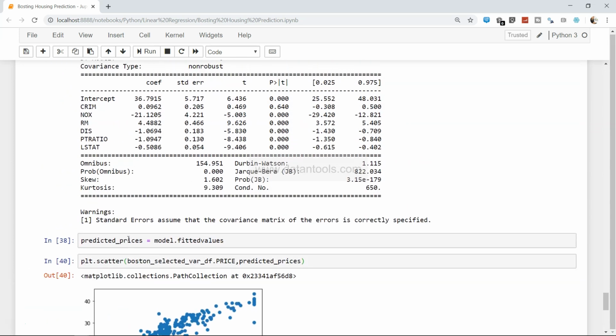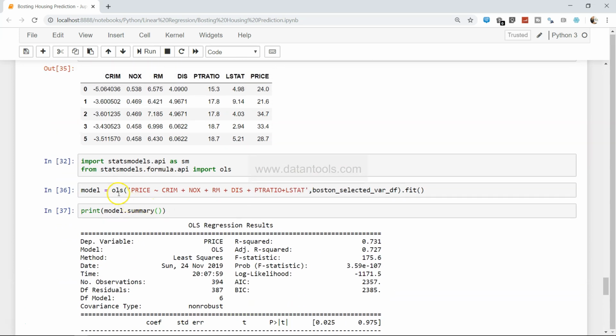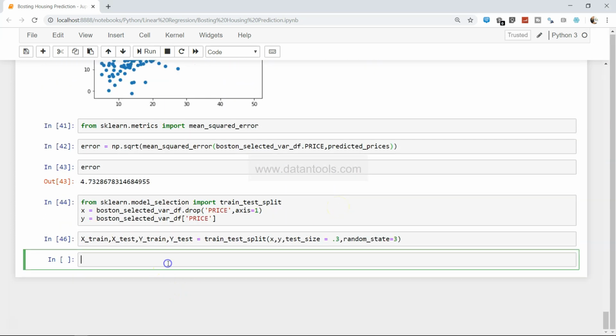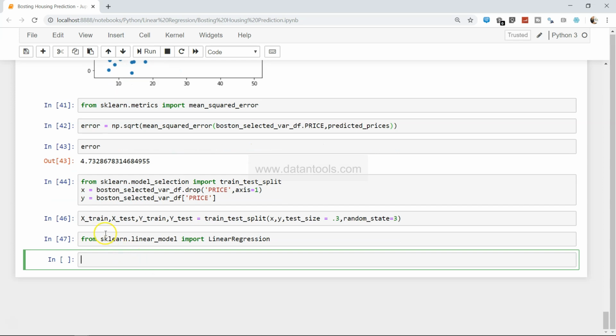We have used the OLS over here, as you could see, but as we are moving with the train test methodology, I need to import from sklearn.linear_model import LinearRegression. So I'm trying another method, not just the OLS method, but linear regression. sklearn also has this.